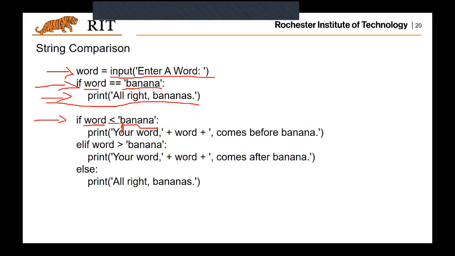And similarly, this greater than also checks the first character of the two strings, and only if the first character of word is after B in the alphabet will this be satisfied, and this will be printed.